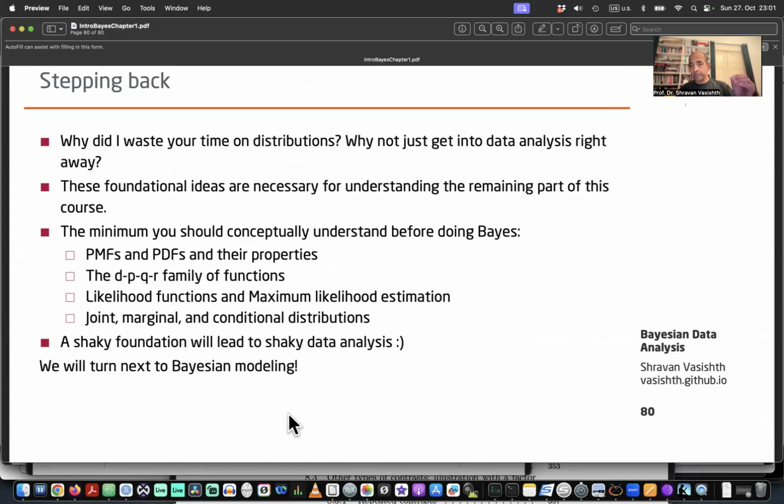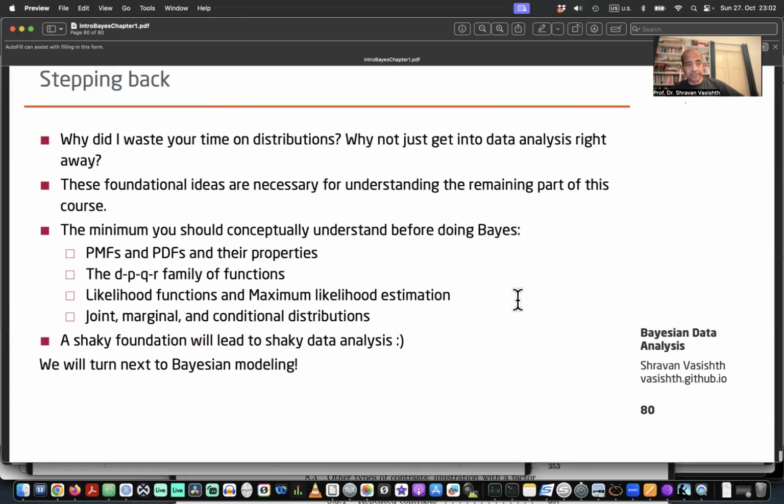And it's very important to understand what a discrete and continuous random variable is, and what the associated probability mass functions and distribution functions are, because we'll be multiplying those likelihood functions, like the binomial likelihood function I showed you, with another distribution, the prior distribution for the theta parameter, to get the posterior distribution. So these foundational ideas are extremely important for doing the rest of the course.